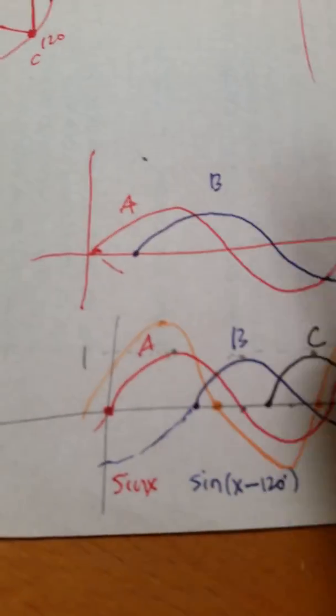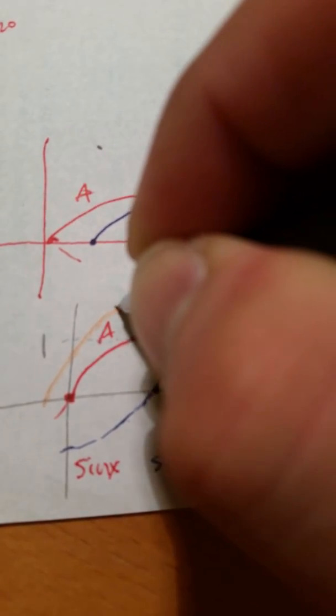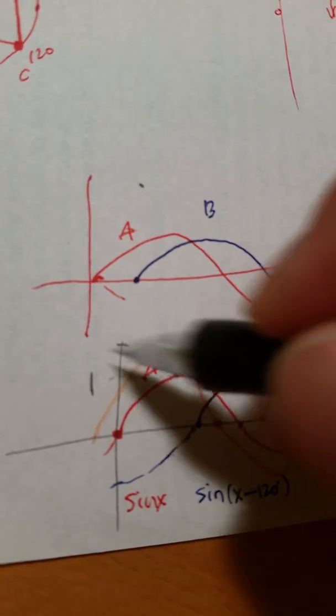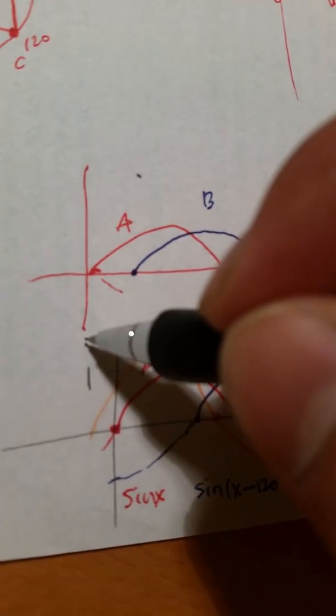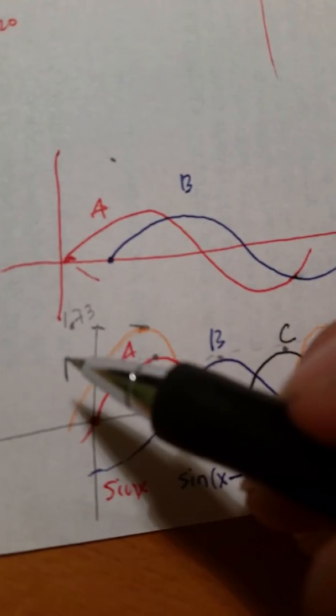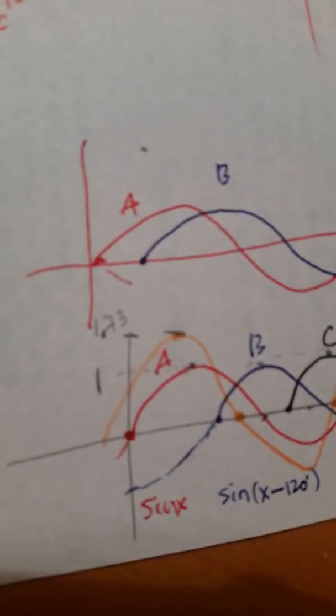If you were to draw the phase to phase voltage, the amplitude of this orange graph is going to be at 1.73.